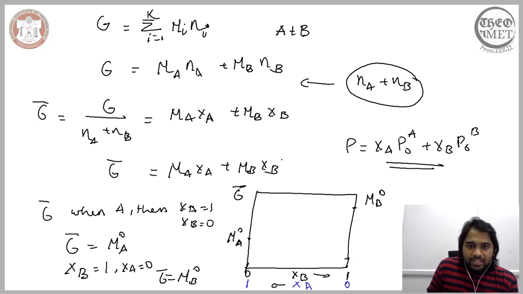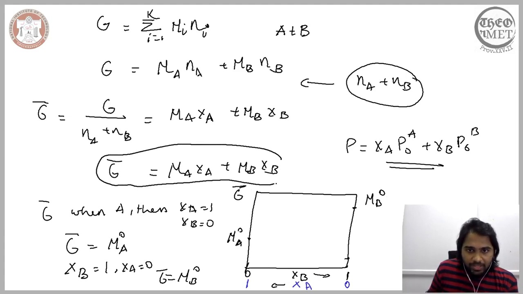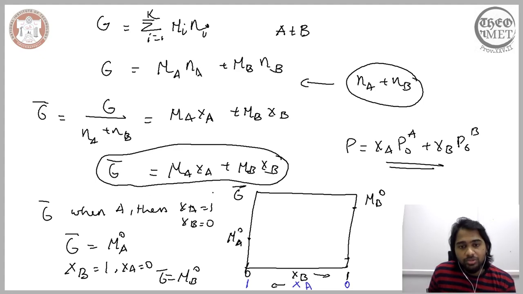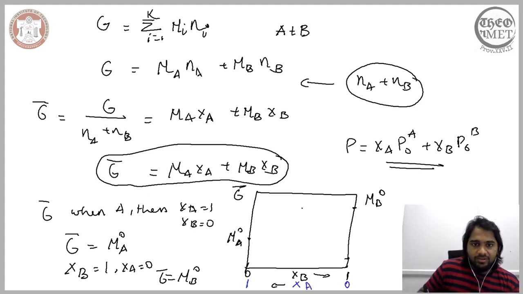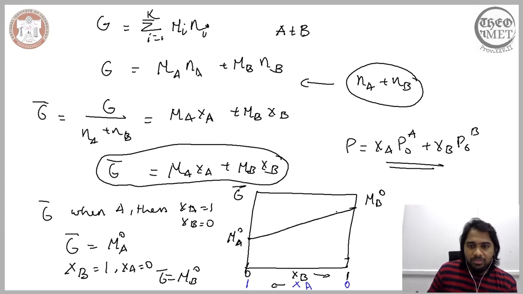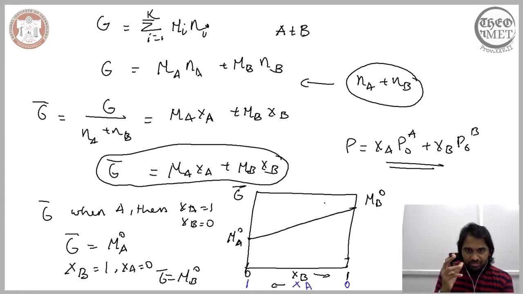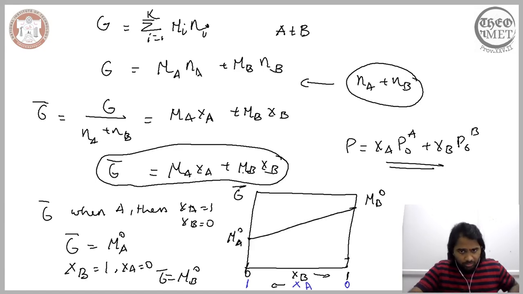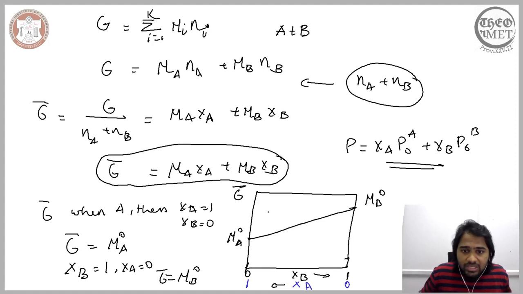Now this expression, which indicates the Gibbs free energy per mole for the mixture of A and B, exhibits a linear relation between these two endpoints. So the Gibbs free energy of the combination follows a linear path connecting two extremes: one where you have the Gibbs free energy per mole of component A alone, and the other of component B alone.